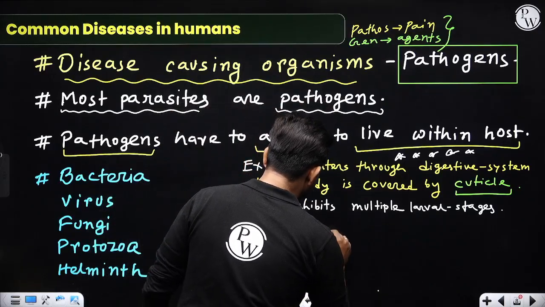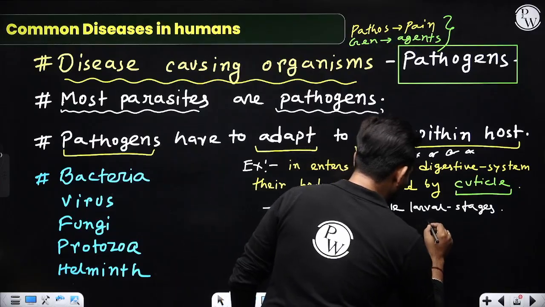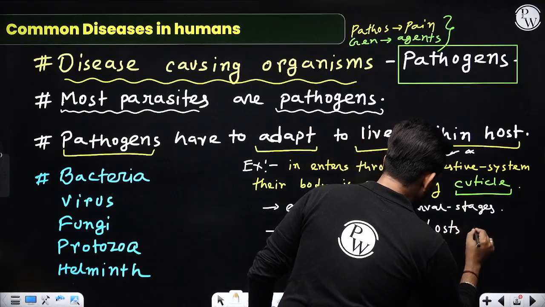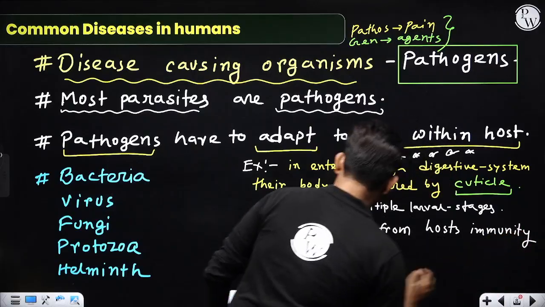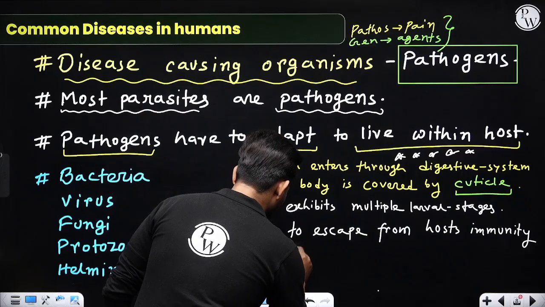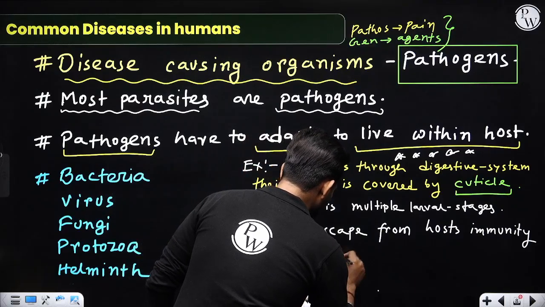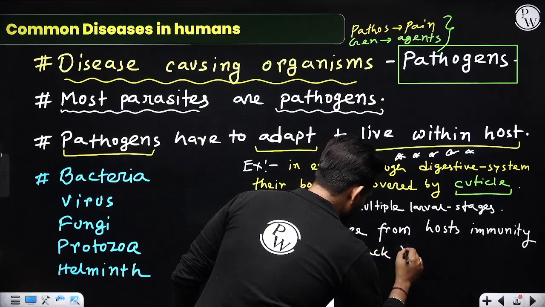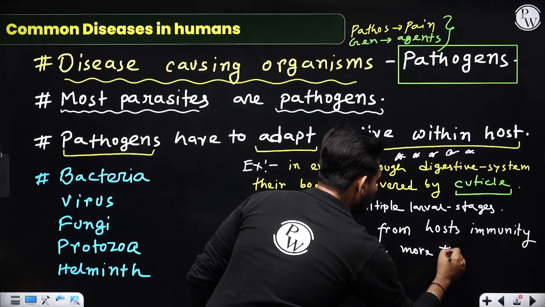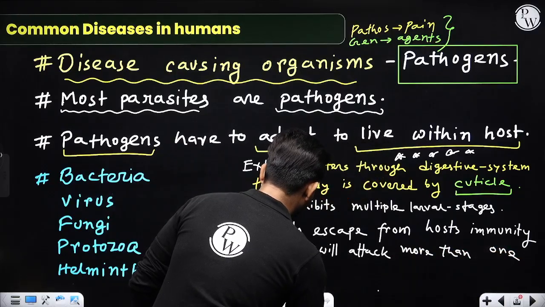To escape from the host's immunity, a few parasites will attack more than one host.